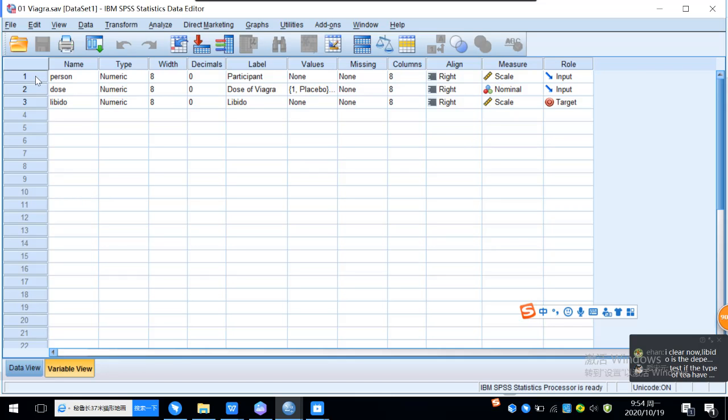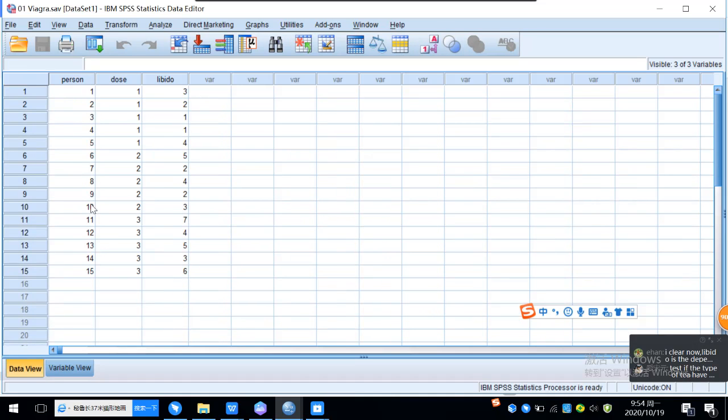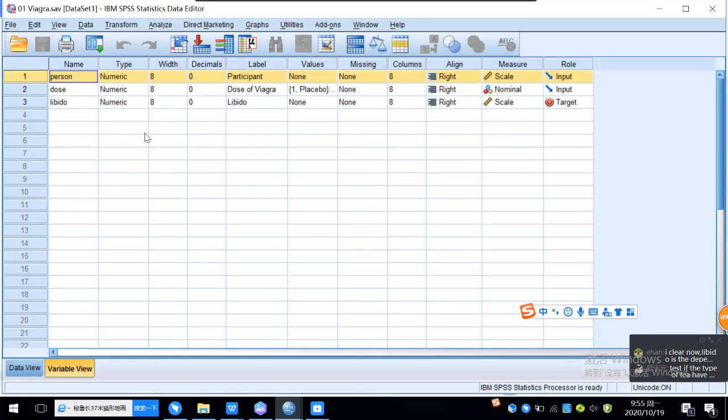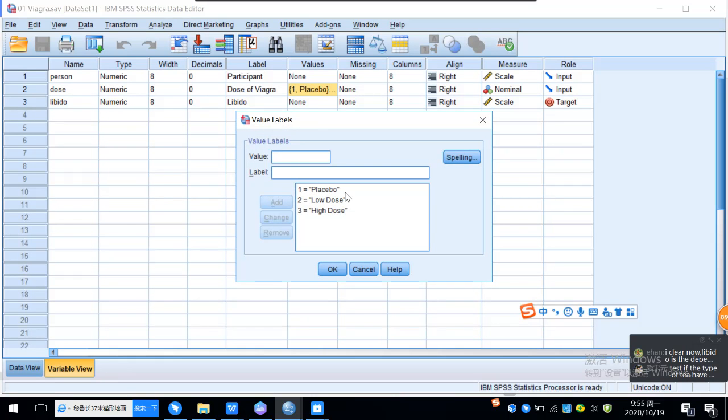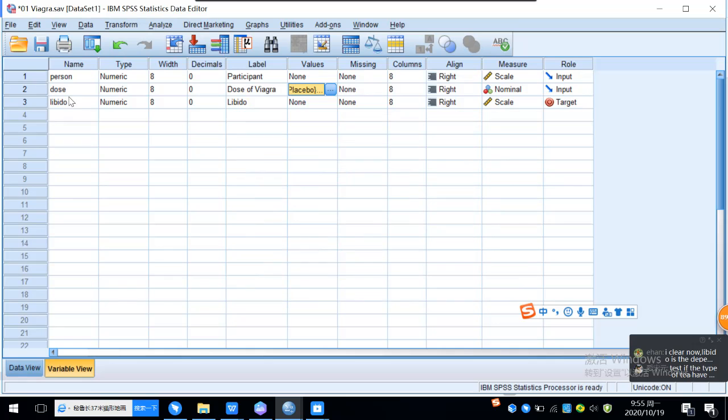In total, we have 15 persons. The second variable is dose, meaning the dose of Viagra, where 1 is placebo, 2 is low dose, and 3 is high dose. And here is the dependent variable, libido. Libido is a scale measure.